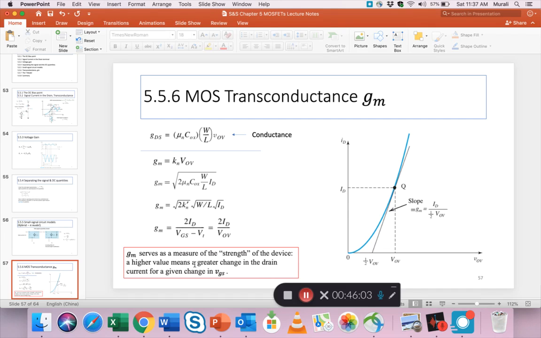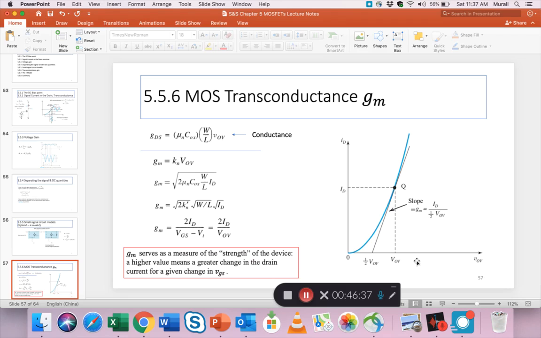So last thing, a definition for gm. Now that we have read so much about gm, what is gm? It serves as a measure of the strength of the device, meaning a higher value of gm means a greater change in the drain current for a given change in VGS. So if VGS changes slightly and you have two NMOS transistors, one with a higher gm and one with a lower gm, which one should you use?